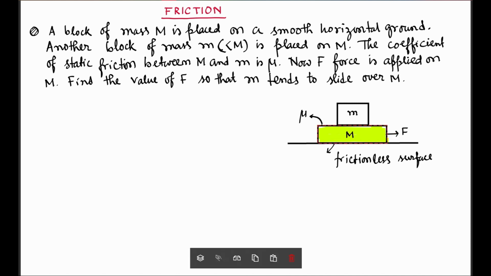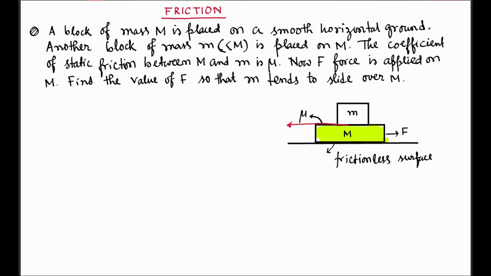So there is a relative velocity towards right with respect to small m. For that reason, the frictional force is oppositely directed. That means frictional force acting in this direction.